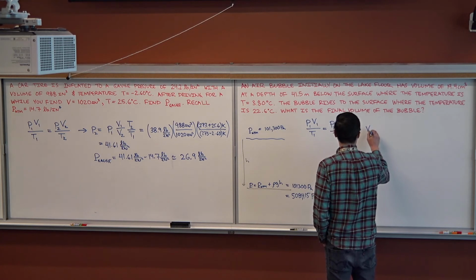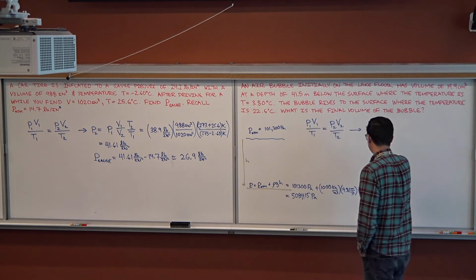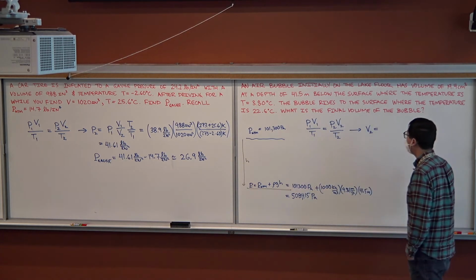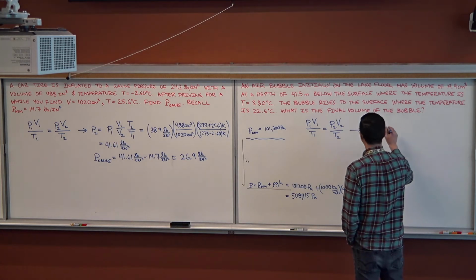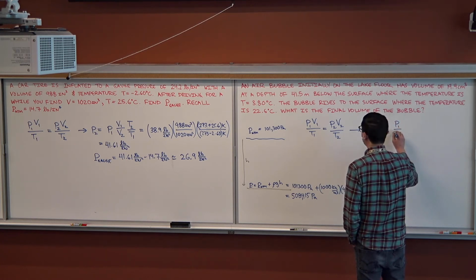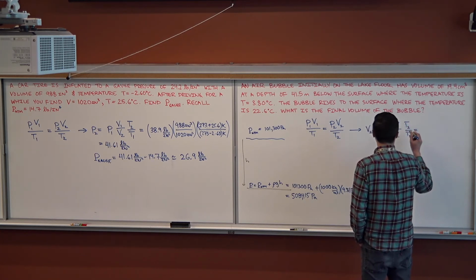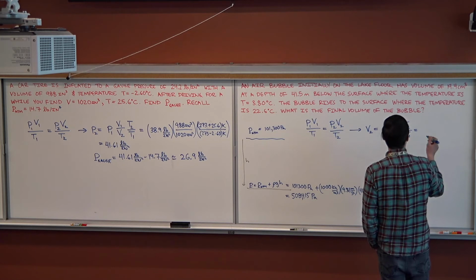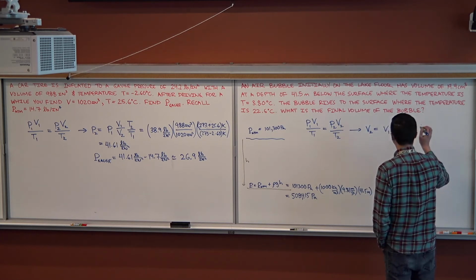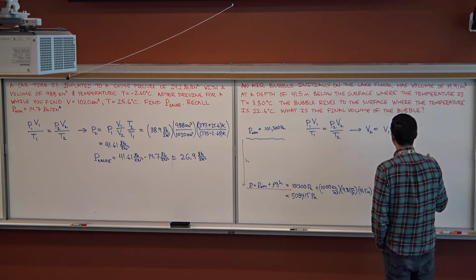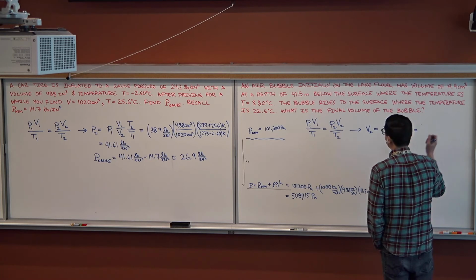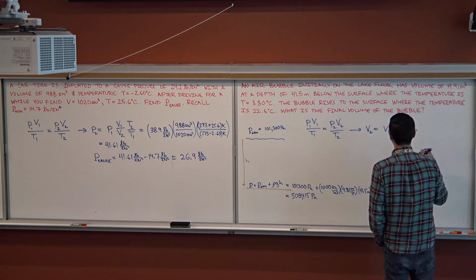So V2 winds up being V1 times P1 over P2 times T2 over T1. And there's no reason not to keep this in cubic centimeters.